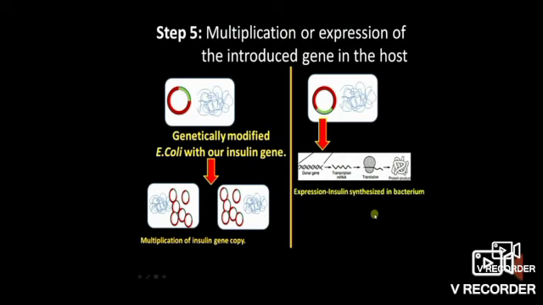So we need to culture this on a large scale for getting large scale production of insulin. So these are the steps. So till here, these are the methods, or the steps, in recombinant DNA technology.